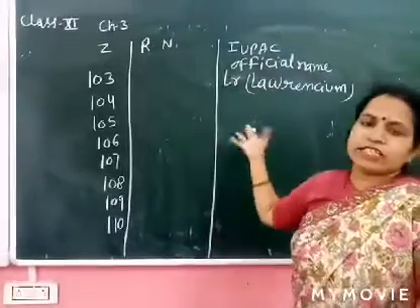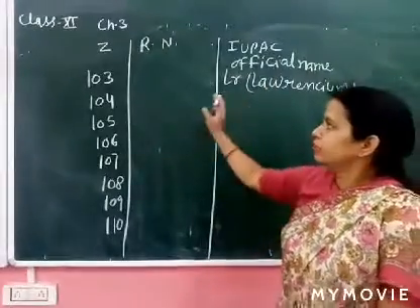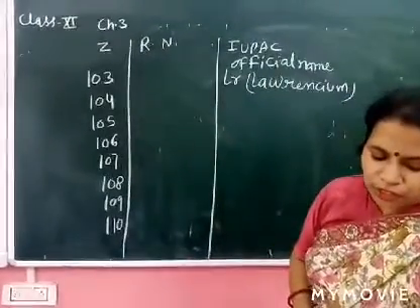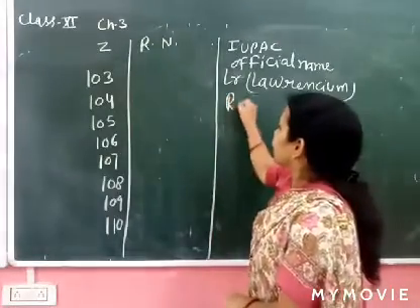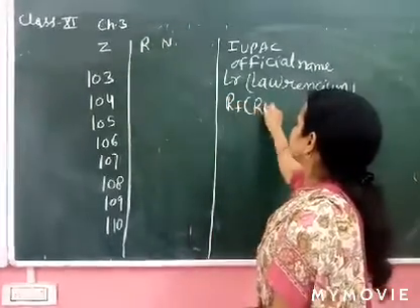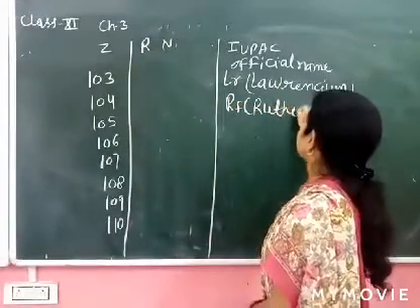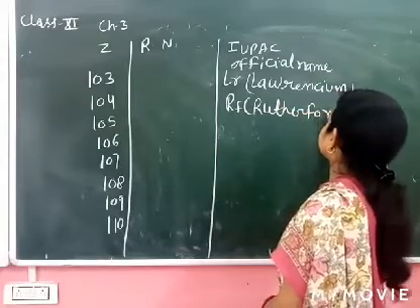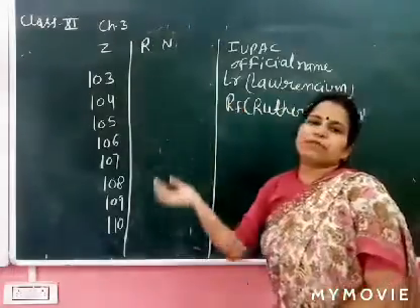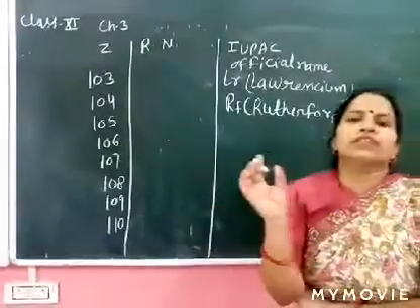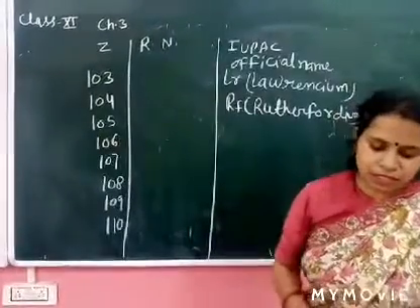This part is not necessary to learn. 104 is Rutherfordium, Rf. Their names are given with respect to the names of scientists or the place of discovery.